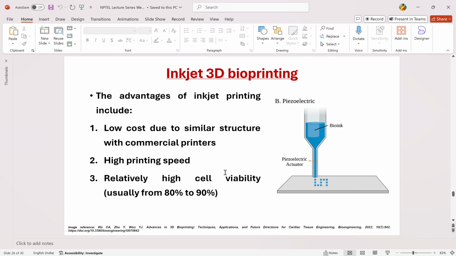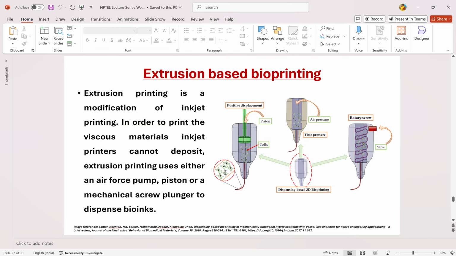Okay. Then the second one is extrusion or micro extrusion based bioprinting. This can be of three types, as you can see in this picture. One is using a piston to push the cells. Another is using air pressure to push your bioink through the nozzle for printing. Another is using a rotary screw. There will be a valve, you're rotating a screw and then applying pressure so the bioink is extruded through the nozzle for bioprinting.